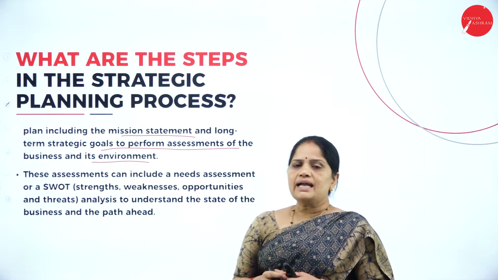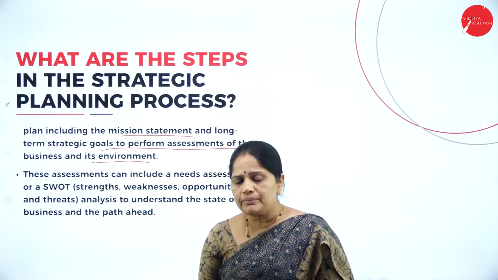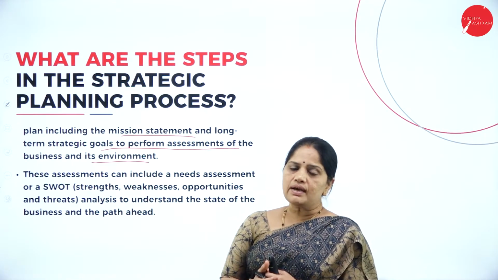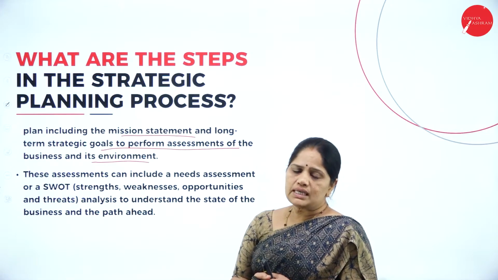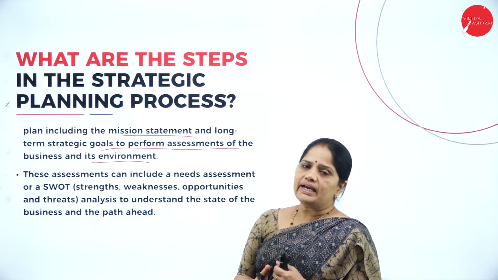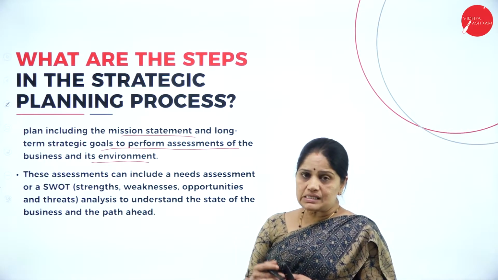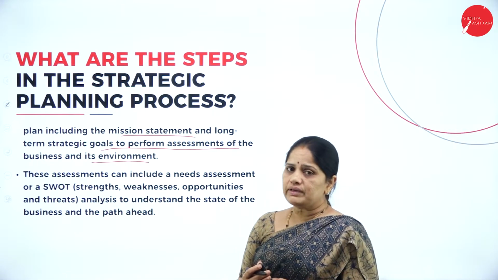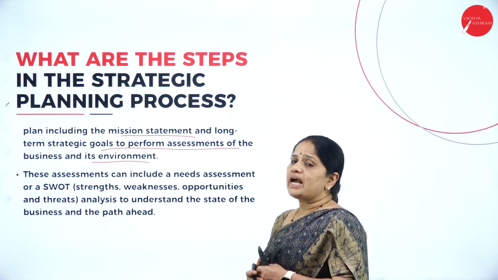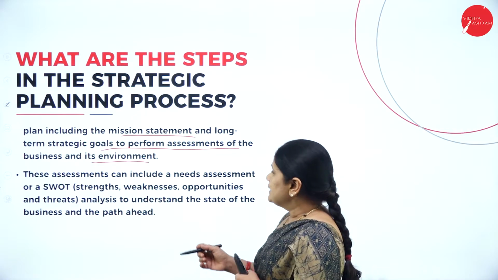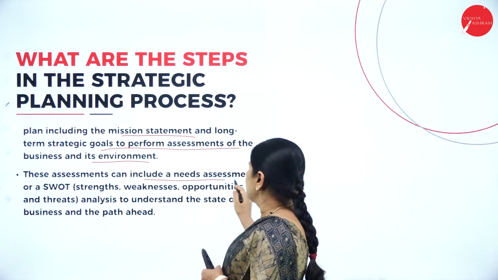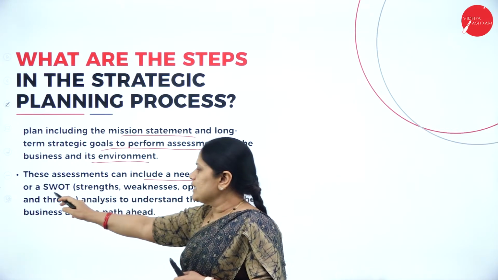So, in this identification process, we will be having an assessment of what is the business and what is the environment, whether the environment is favorable for the business or whether it is not favorable. All this we will have to identify, and these assessments can include a needs assessment or a SWOT.